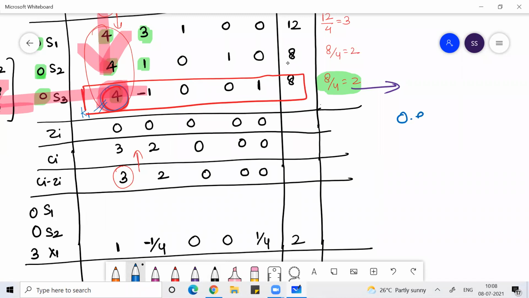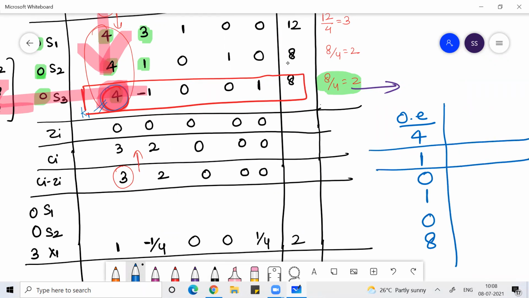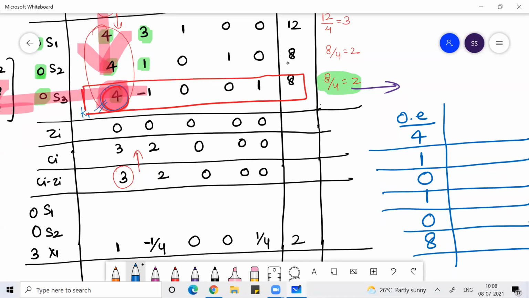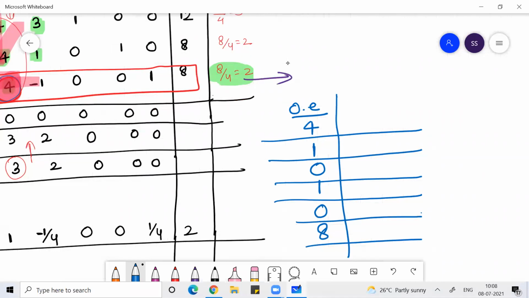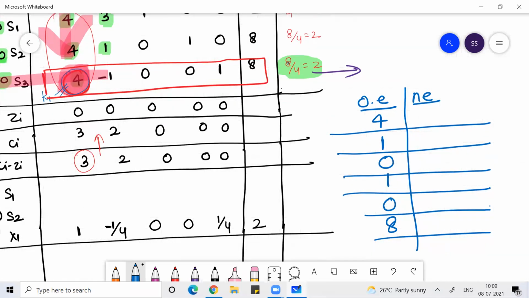So how to find the value of S2? Write down the old values of S2: 4, 1, 0, 1, 0, 8. Then write down the new element, the value of X1 that you got: 1, minus 1 by 4, then 0, then 0, then 1 by 4, and then 2.